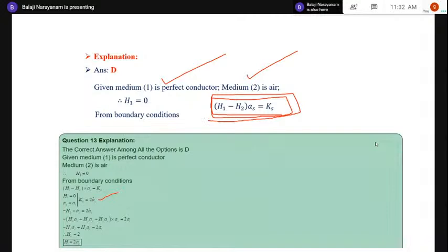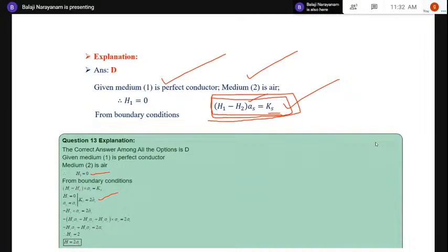From the boundary conditions, H1 minus H2 cross producted with the unit normal vector gives us Ks. Medium 2 is given as air, and your H1 is equal to 0.